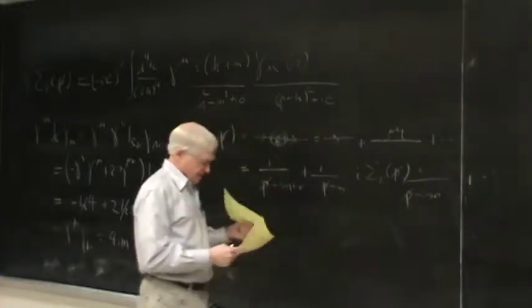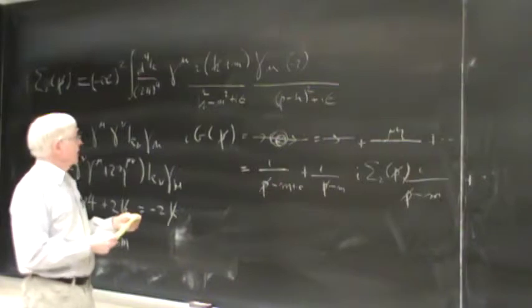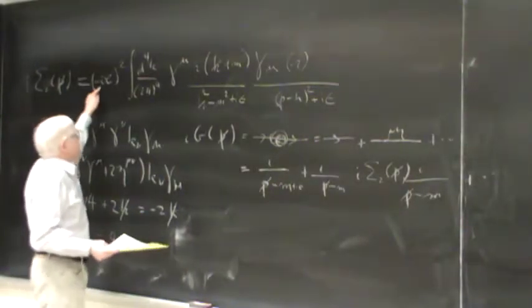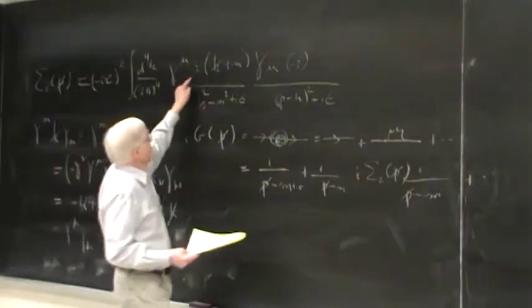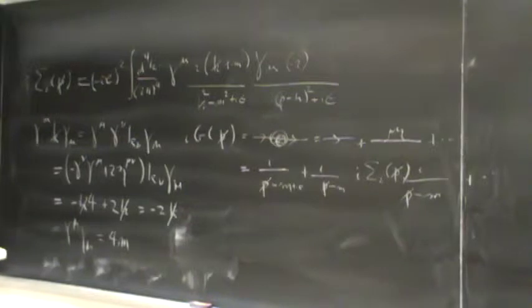Okay, so that's what we're looking at here. Now, if we keep track of these i's, there's a minus sign here. i times minus i is 1. Somehow I have the feeling that I've missed a minus sign.